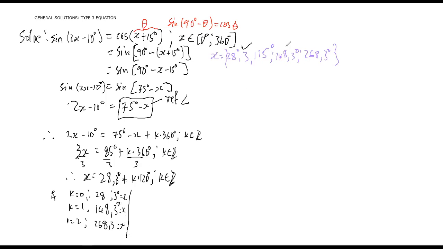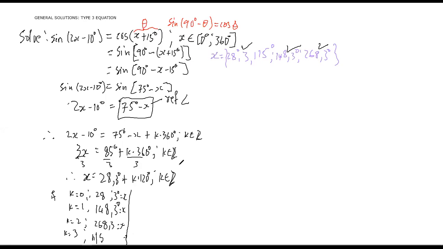And these are the values that we want. Now, guys, if you put k equals 3, folks, I'm telling you, you are late, because 3 times 120 is 360, and that will take us out of the interval. So from k equals 3 onwards, there is no solution within that interval. So we're going to stop right there.